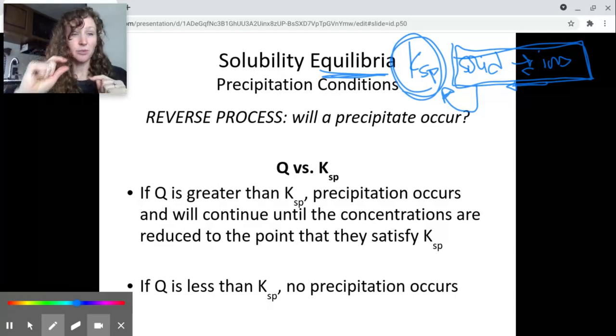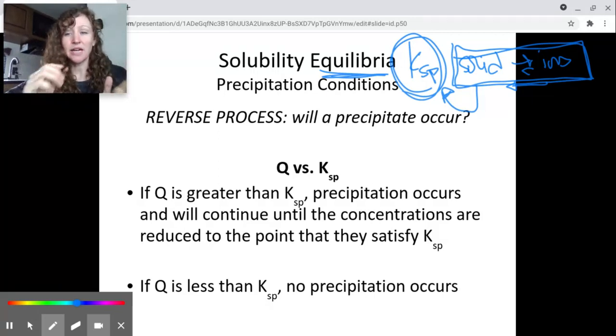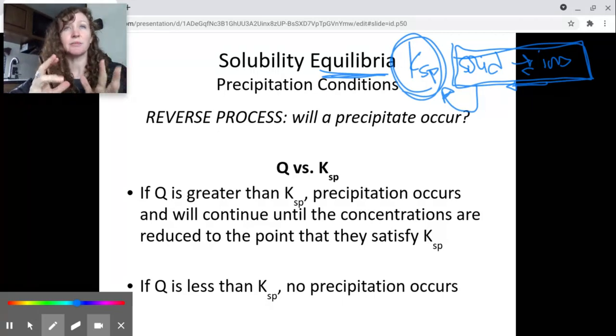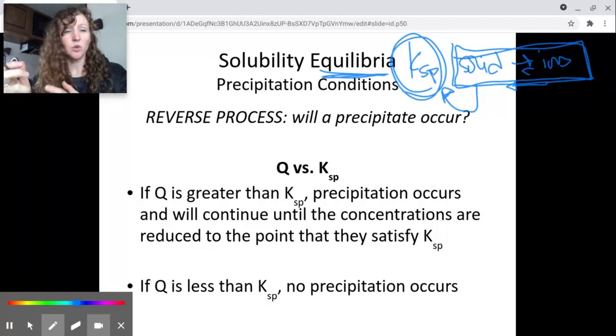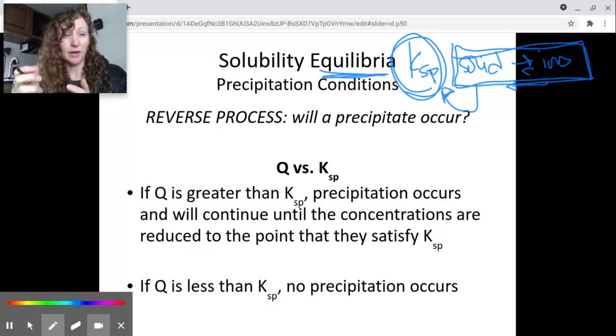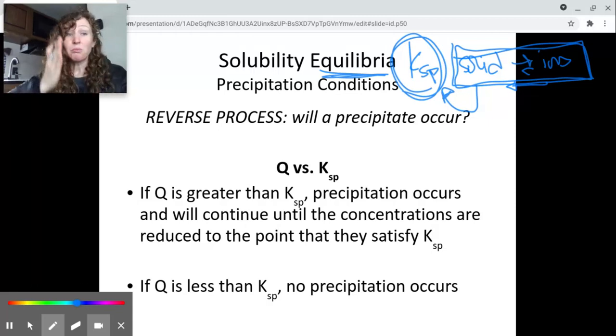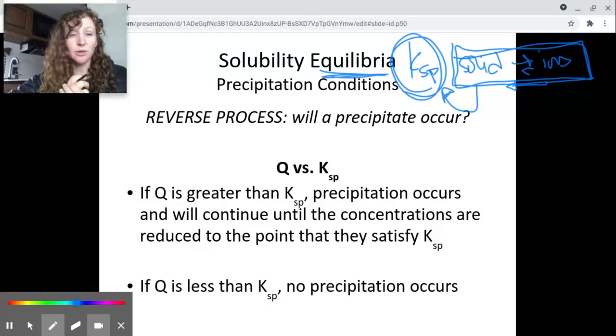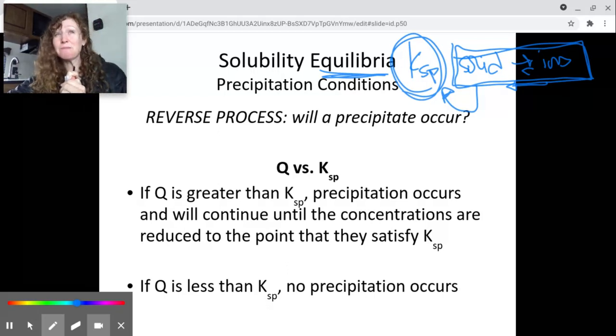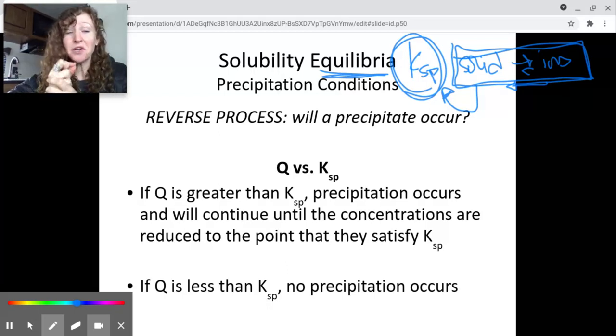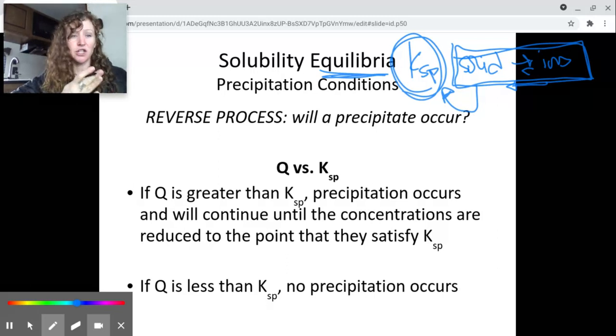So whatever is present isn't going to have a net change. You won't have a net amount of solid disappearing. You also won't have a net amount of solid appearing. Those rates are equal. But just beyond equilibrium, like the femtomole past equilibrium, you're going to have precipitation occur.